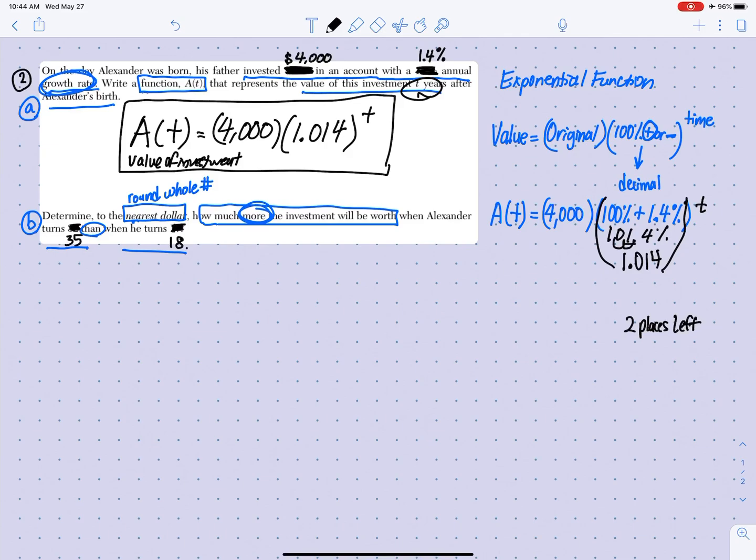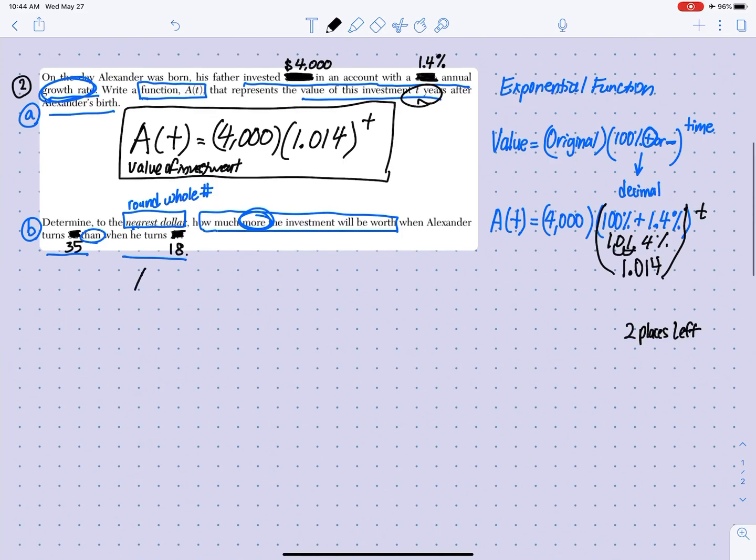Now, the second part of the question is asking how much more money it would be when this guy turns 35 than when he turns 18. There's multiple ways to do this. You can plug this into the calculator, but let's pretend we don't have that calculator and I'm just going to substitute values. First, I'm going to plug in the 35 where I see time, because that's the number of years after the birth.